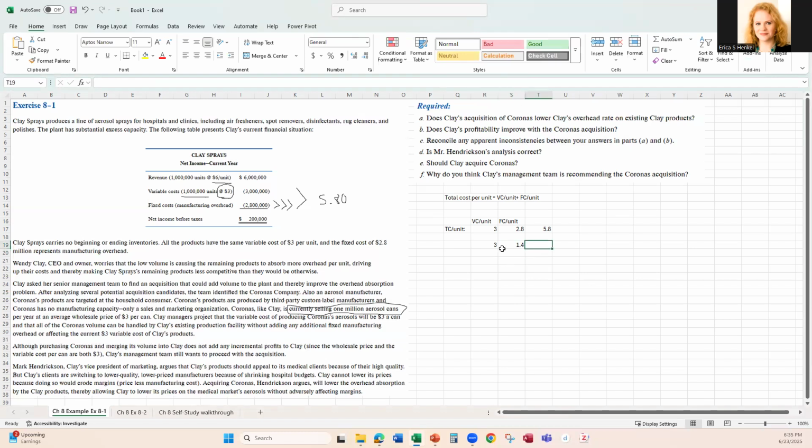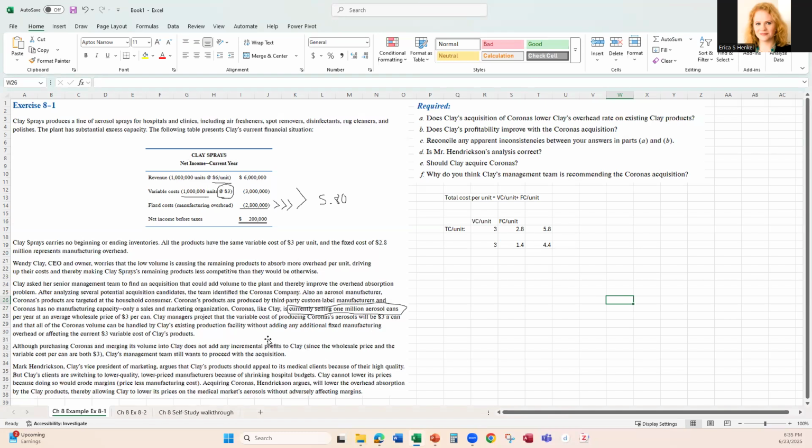So then suddenly when we add those together, we're coming up with only $4.40 per unit, right? So now if we're selling 2 million units here, if we're selling them all at the $6 per unit, potentially, let's see, hold on.